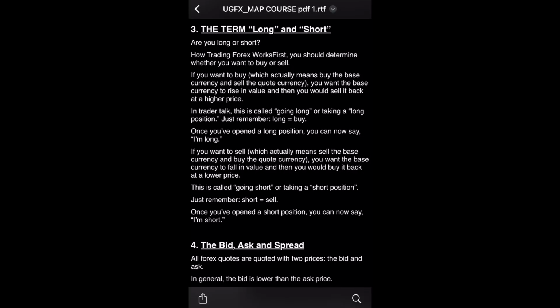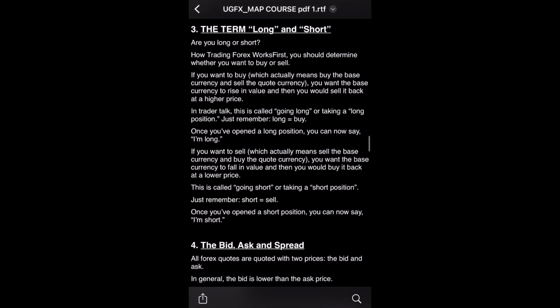Just remember, long equals buy. Now, if you want to sell, which actually means sell the base currency and buy the quote currency, you want the base currency to fall in value, and then you will buy it back at a lower price. This is called going short or taking a short position. Just remember, short equals sell.